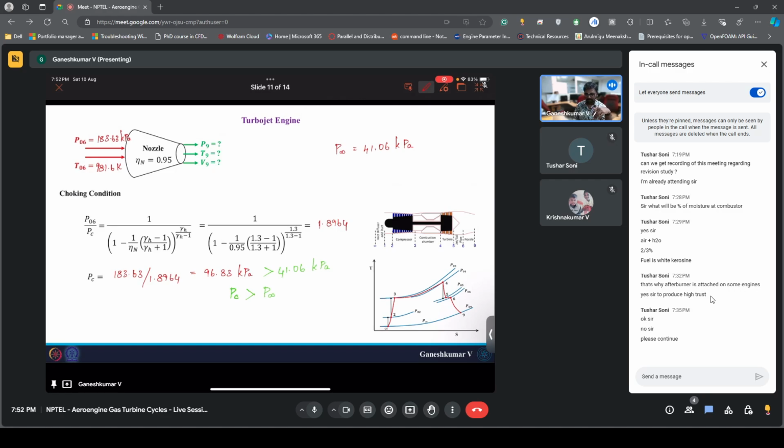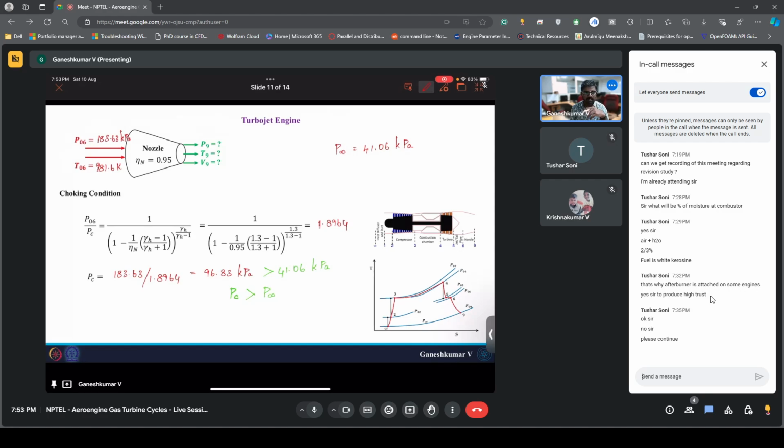I hope you already know the choking condition and the reason to check choking. It tells whether you can reach only a certain maximum mass flow rate in a nozzle. You cannot reach beyond that, and it depends upon the inlet of the nozzle.